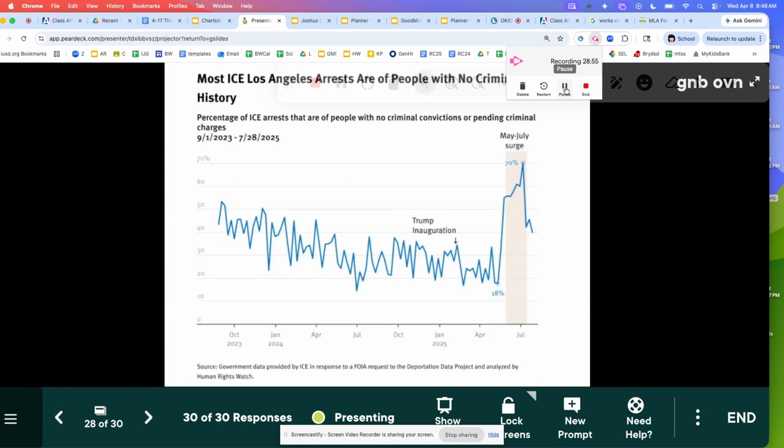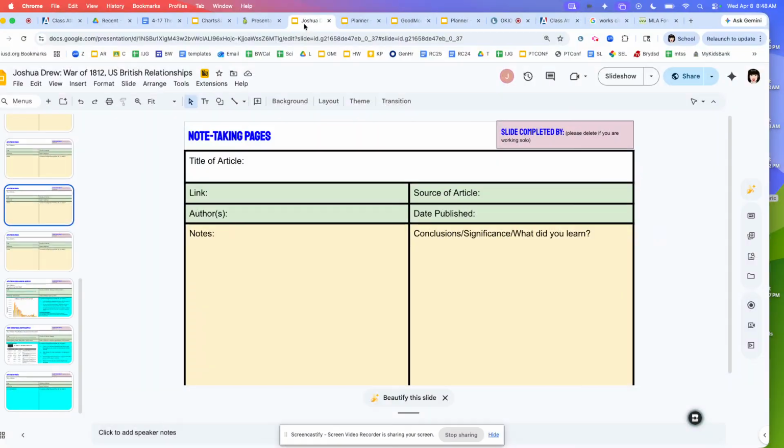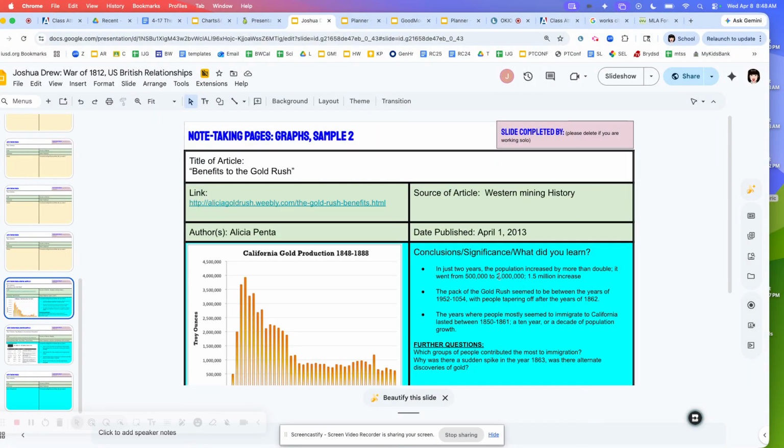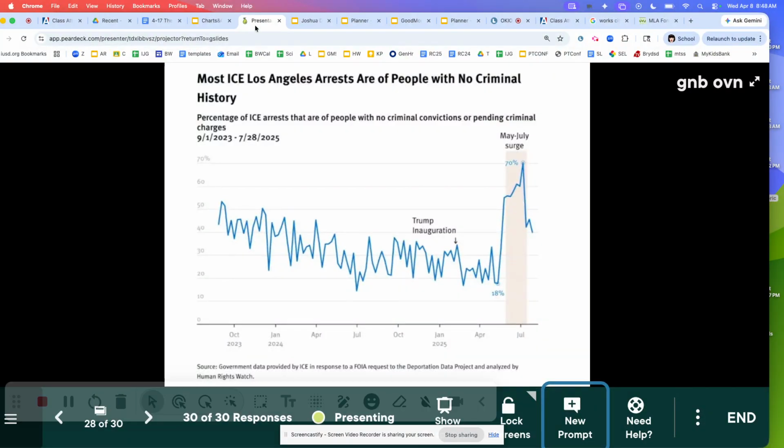And I know it's kind of been hard since you're not here, but when I'm asking you what's the significance of your chart, that's this part right here. So it's like the differences. How much exactly did it increase? I'm not asking you to tell me what the numbers are. I'm asking you, why is it important?